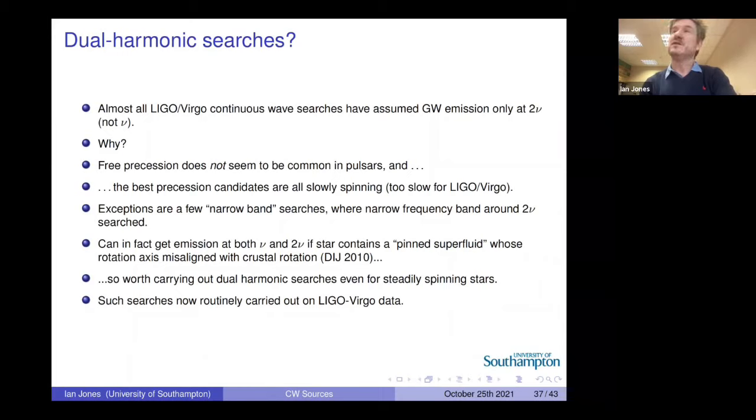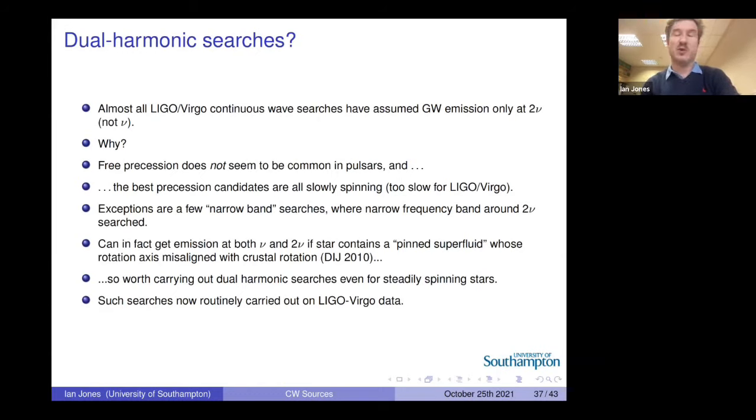And if you move the crust around in some way, you have to move this spinning gyroscope around as well, because its vortices are pinned to the crust. So it's a rather unintuitive thing. But what I realized was, what it means is that if you have this additional degree of freedom in your star, if this little pinned superfluid gyroscope is misaligned with the rotation axis of the crust, the star can then spin completely steadily.